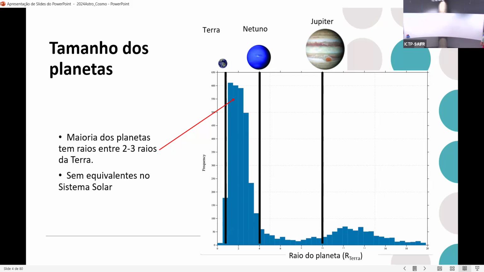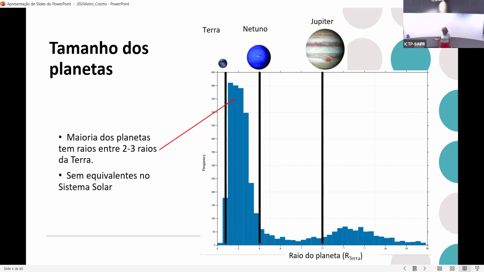What you can see from the histogram is that the vast majority of planets have a radius between 2 and 3 Earth radii. And of course, we don't have any equivalent planet in our solar system. So it was a big surprise that the most common planet in our galaxy is something that we do not have in our solar system.